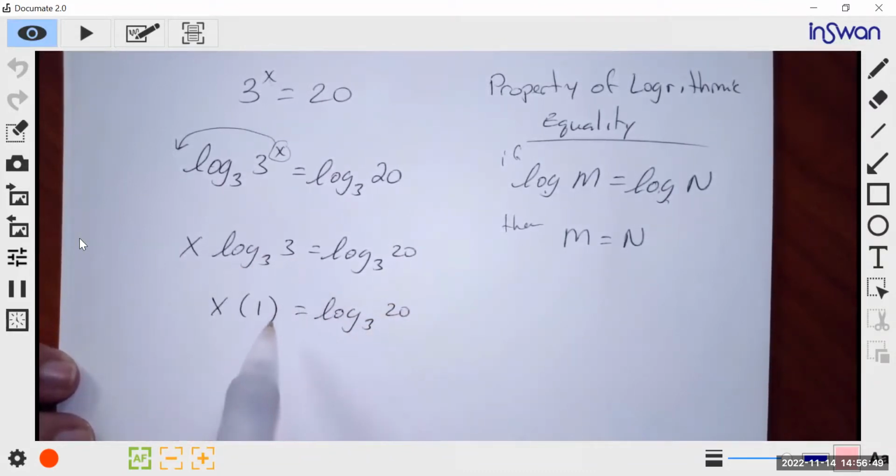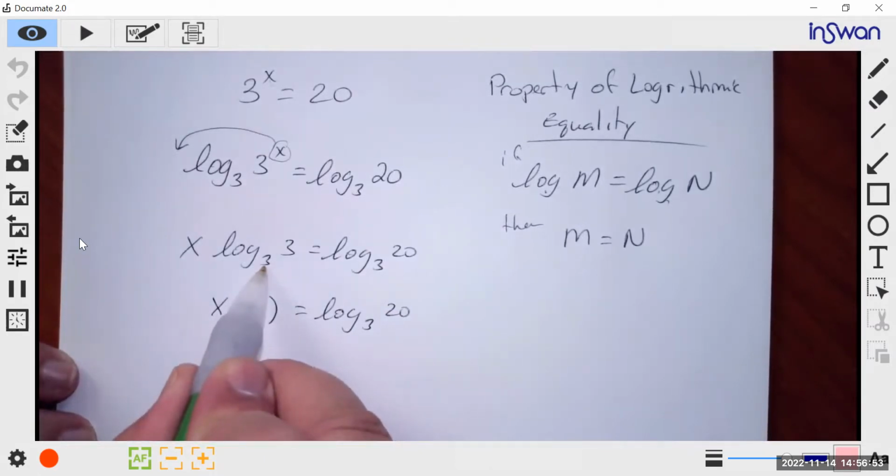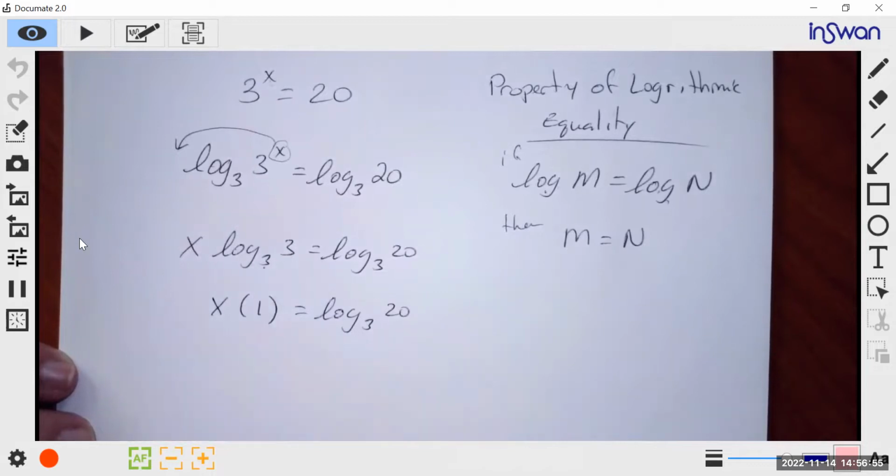Log base 3 of 3 is 1. What power does 3 have to be raised to equal 3? 1. So the answer to this equation is that.